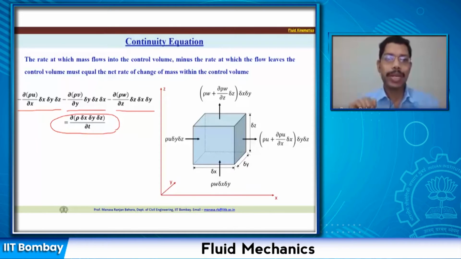That when we equated, you can see that on the right side as well as on the left side, you have the volume present in each term. So if you divide by volume all through this equation, what will you get?